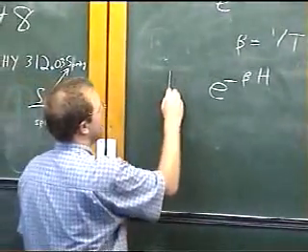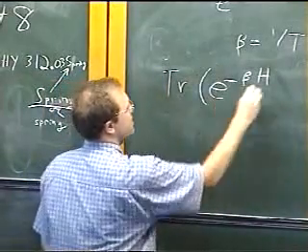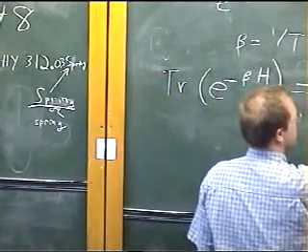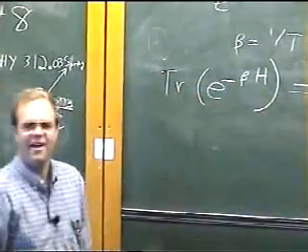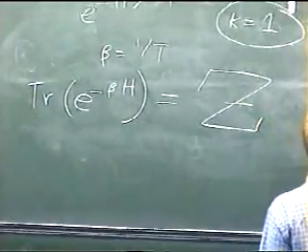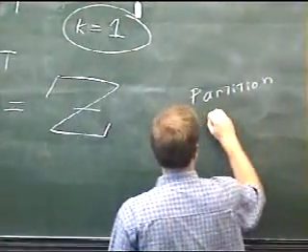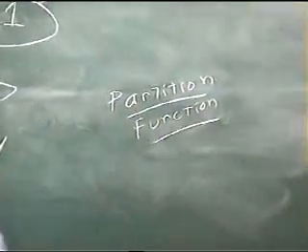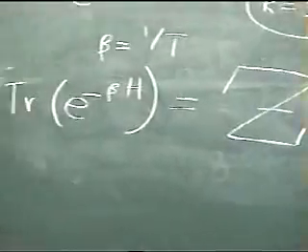All you have to know about the operator is the trace. This is typically called Z, or Z in this part of the world. It has the name of the partition function. And from this object, one can calculate everything one needs to know.